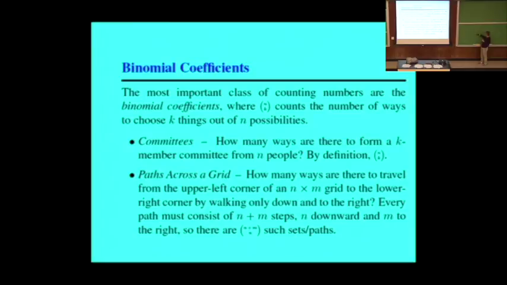If we choose x numbers from 1 to x plus y, let's say we look at this path: the first step was an upward move, the second step was an upward move, not the third, not the fourth, but yes to the 5th, yes to the 6th, not the 7th, 8th, or 9th, but yes to the 10th. If I pick the positions of my upward moves, the other moves are specified by that. So this counts how many ways there are across the grid.